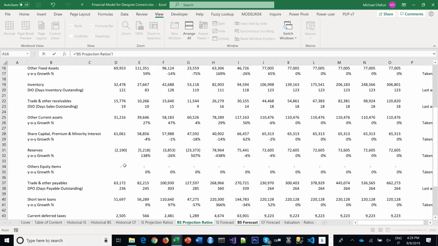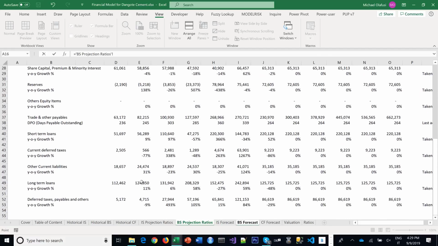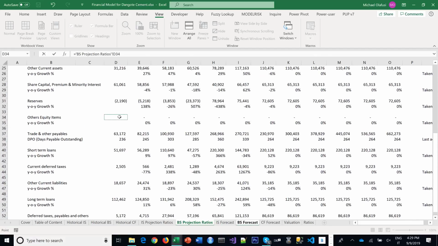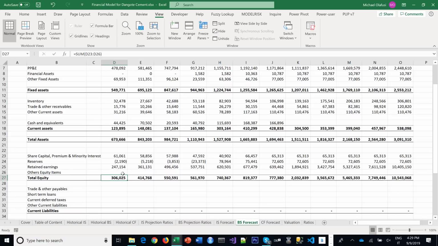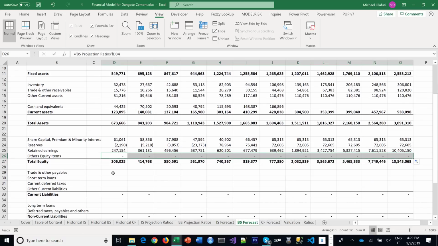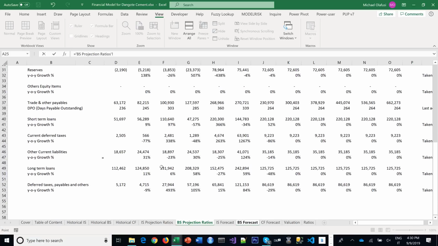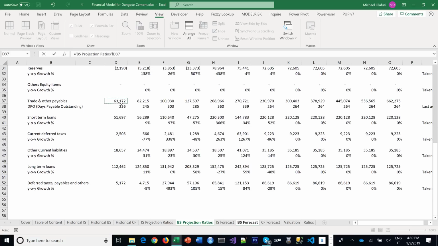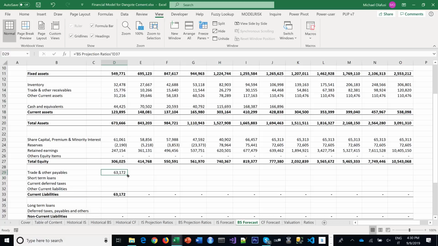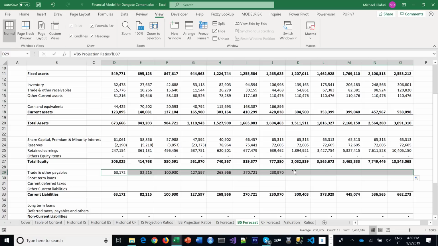Where is that? This is it. And I drag forwards. I do for the trade payables and other payables. I pick and I drag forward.